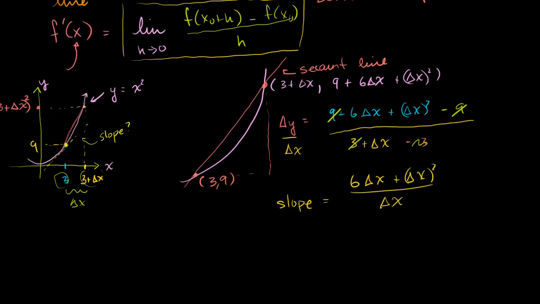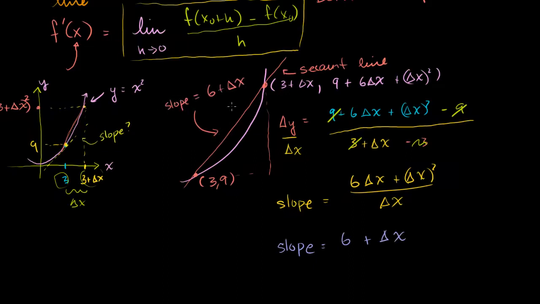So the slope of my secant line, the one that goes through both of these, is going to be equal to, if you divide numerator and denominator by delta x, 6 plus delta x. So that is the slope of the secant line. So slope is equal to 6 plus delta x.